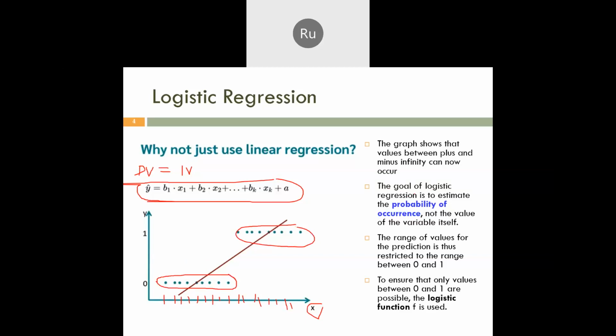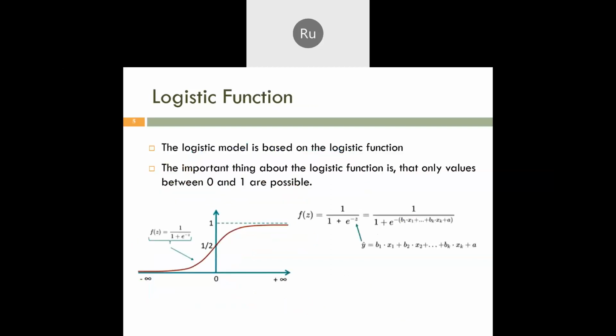The goal of logistic regression is to estimate the probability of occurrence, so the value must be within 0 and 1. To ensure that we only get values between 0 and 1, we use the logistic function. If we look at the logistic function, the value for y will always be from 0 to 1, with the input ranging from negative values up to positive.